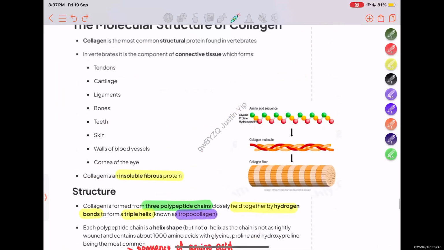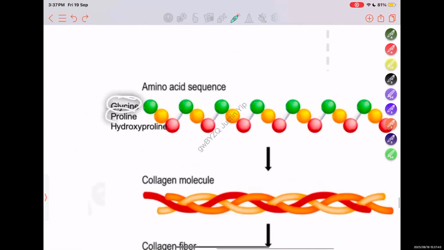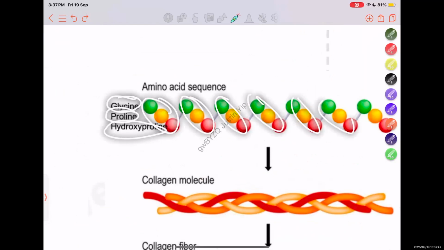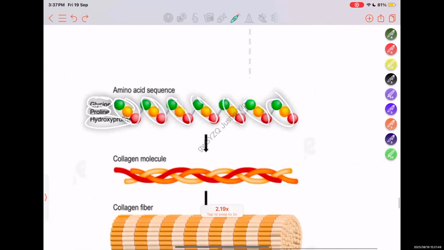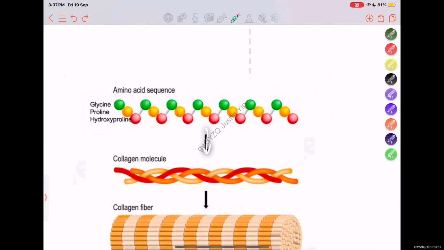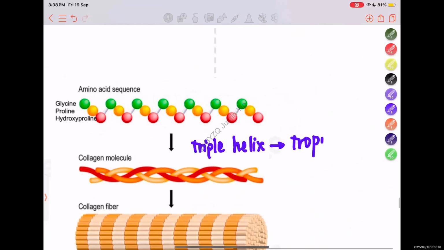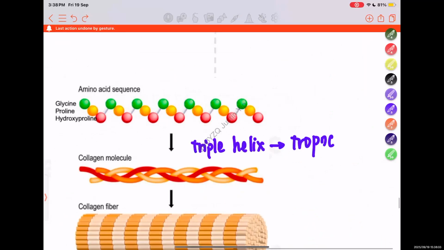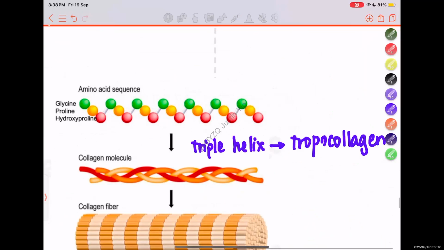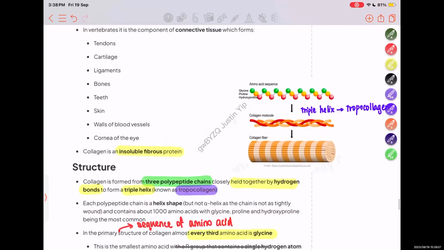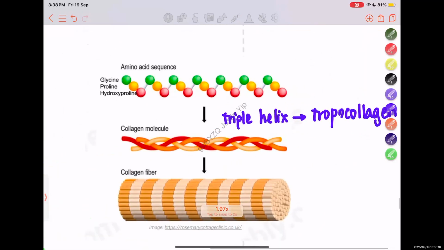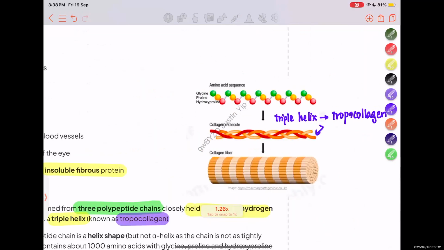This means that glycine, proline, and hydroxyproline form an amino acid sequence, and due to some interaction they form a triple helix, or we call it tropocollagen.